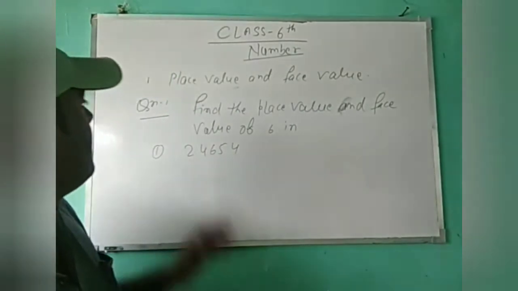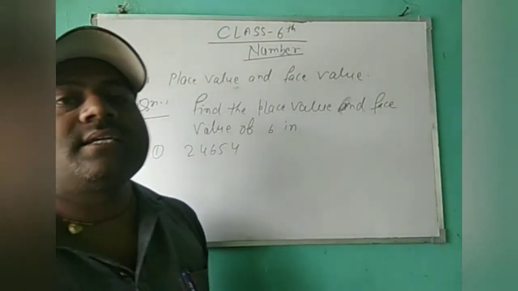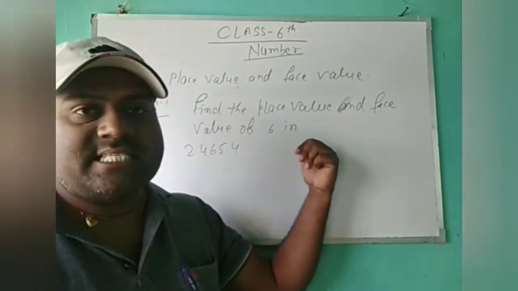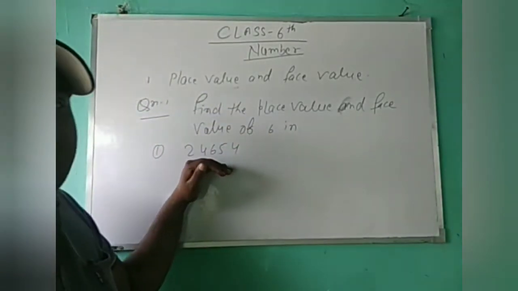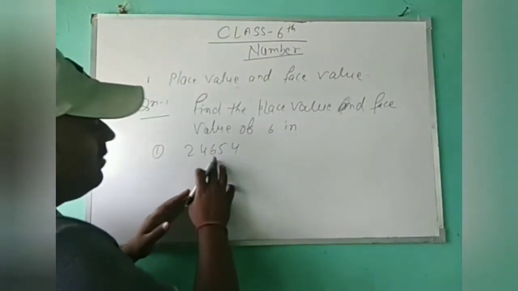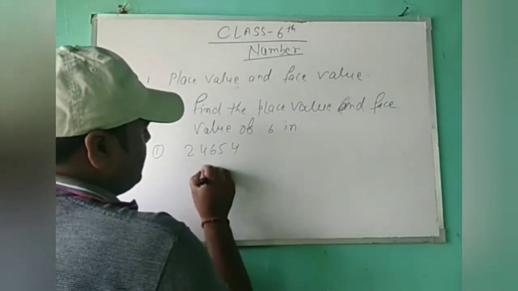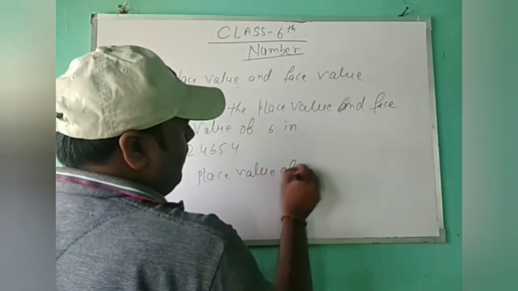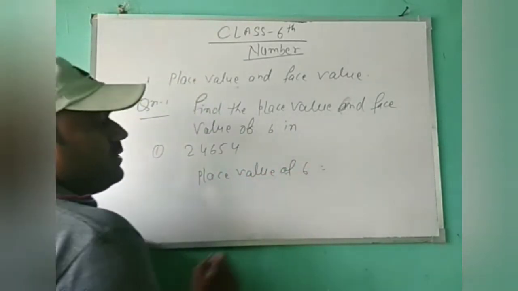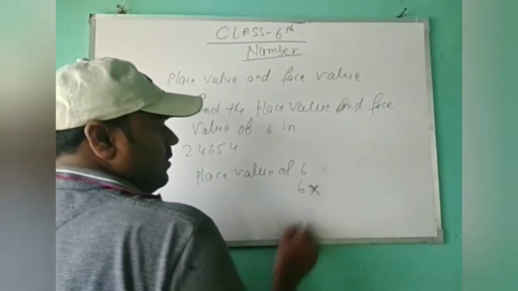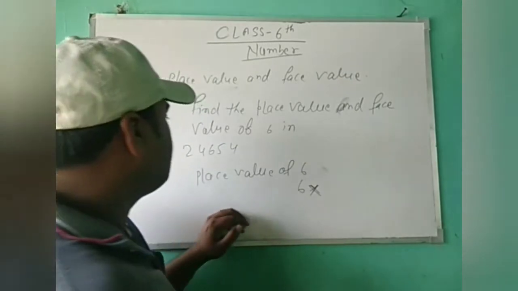Take another example. Find the place value and face value of 6 in the number. So this is the question. We have to find out the place value and face value. What is the place value of 6? 6 will be multiplied by which number?